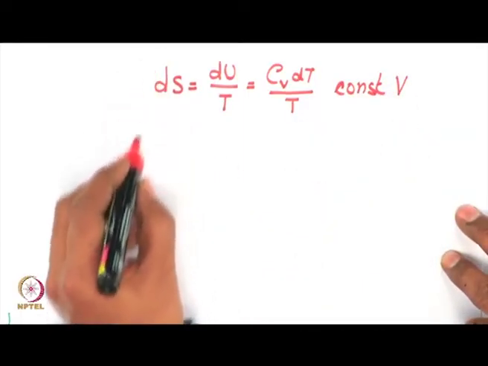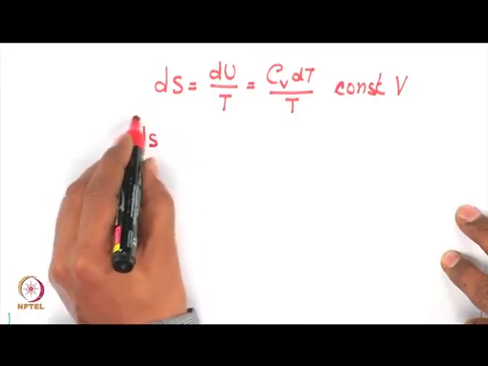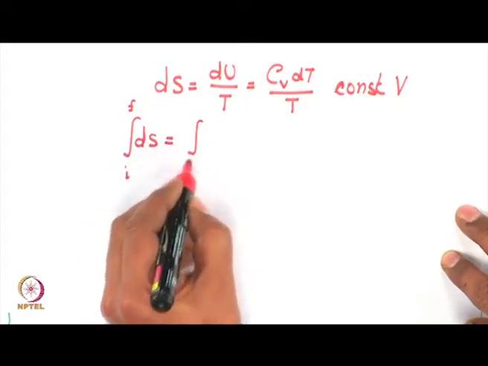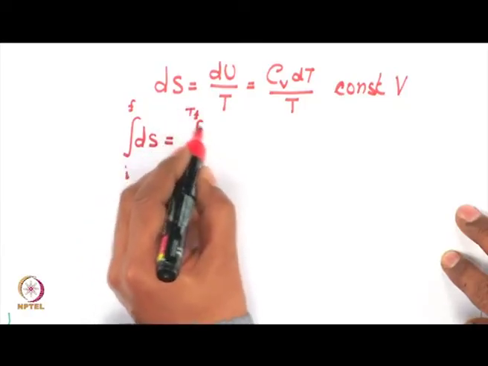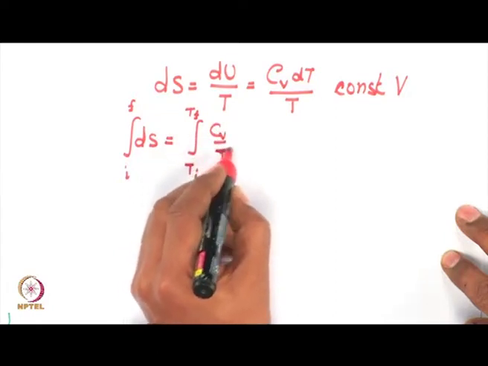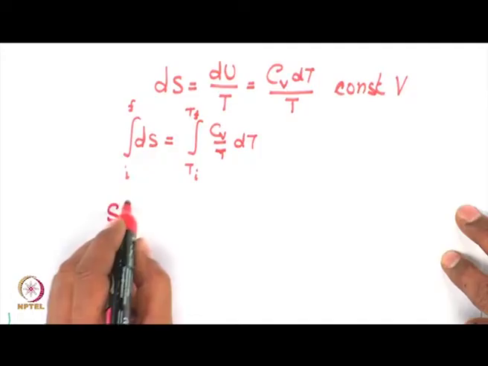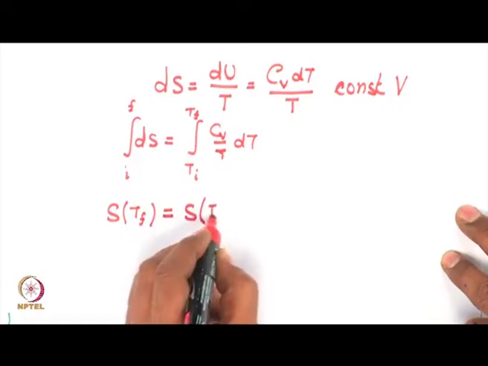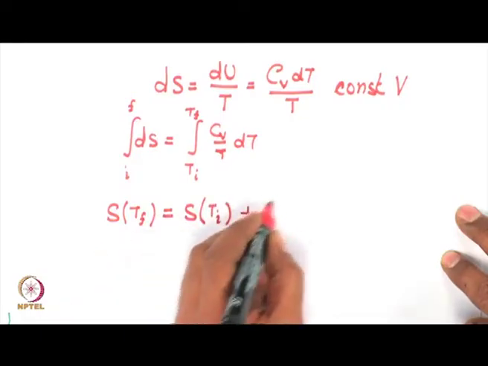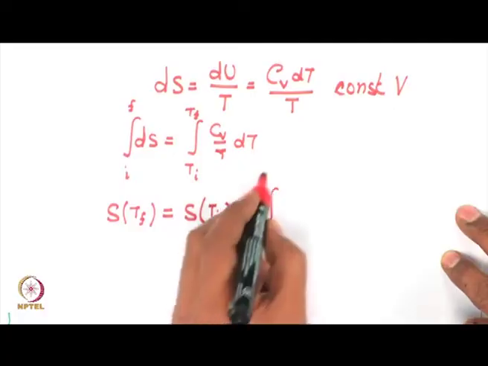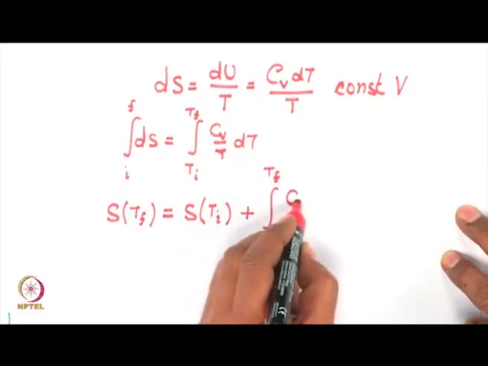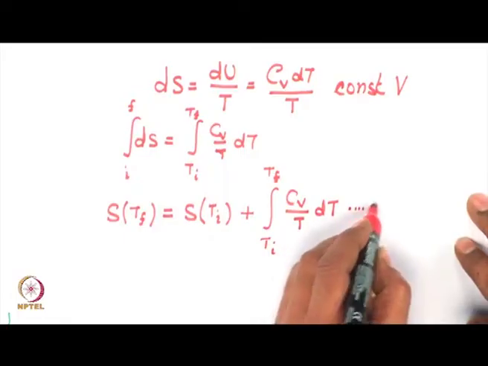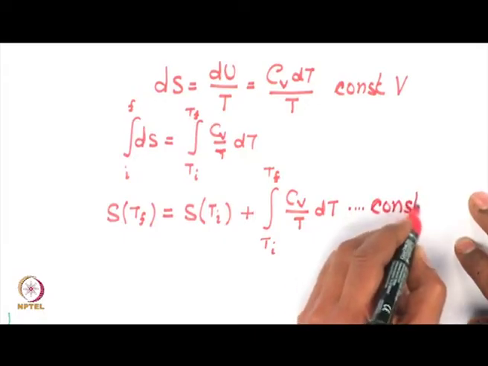Then by the same arguments, going from initial state to final state, S at a final temperature is equal to S at an initial temperature plus integration Ti to Tf Cv by T dT. This is at constant volume.